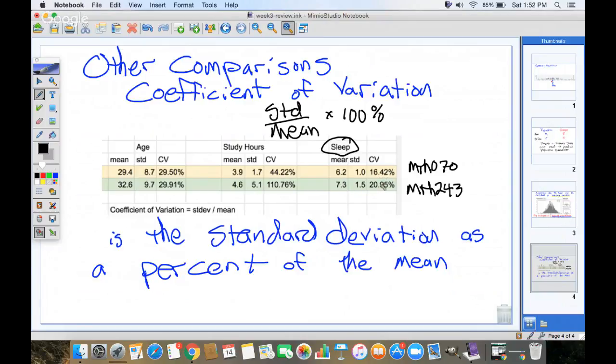So they do have different percentages, so when I'm comparing two populations, I can't directly compare their standard deviations if they have different means. If they have the same mean, no big deal, we can compare the standard deviations. But the coefficient of variation gives us a way to compare standard deviations of different samples.